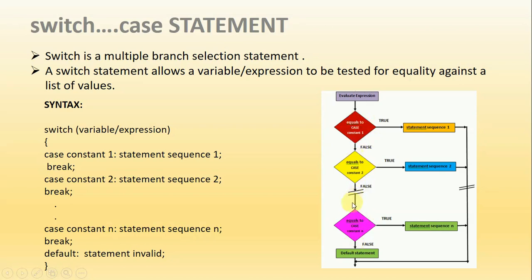If none of the case statements is true, then we come to the default statement. All the statements written under default are executed if none of the cases is true, and then our program control will jump to the next statement. So this is how switch case functions.